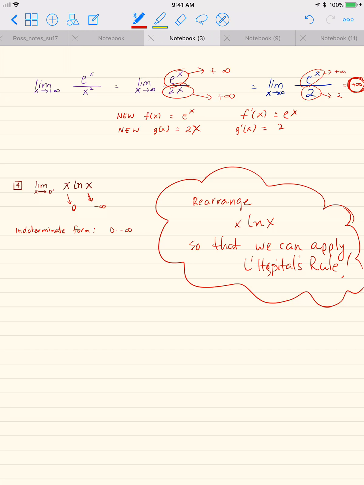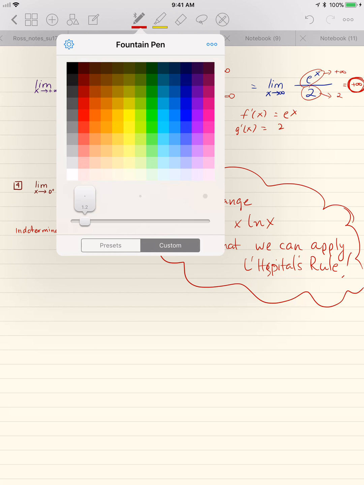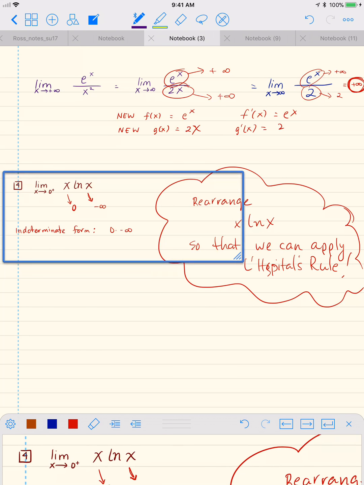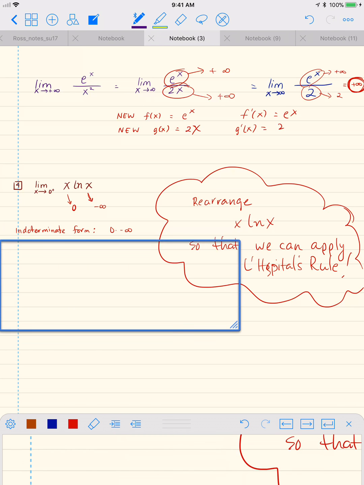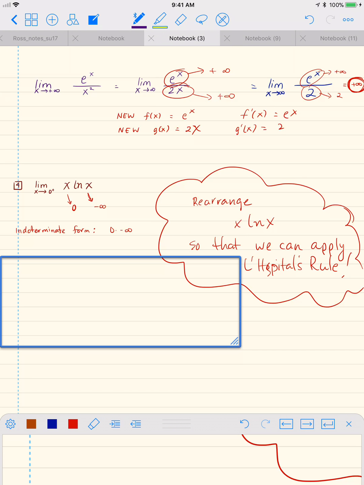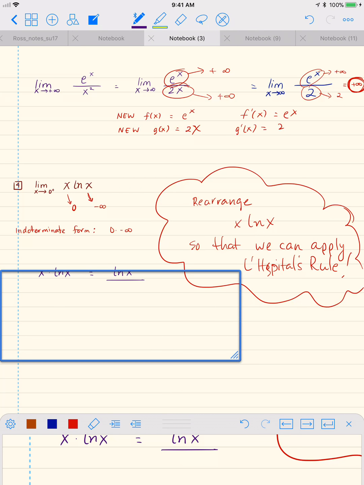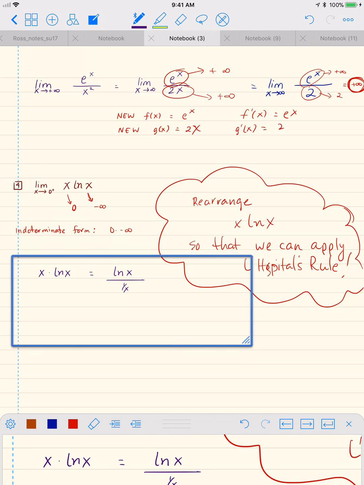So here's the overall idea: we said x is going to 0, right? So if x is going to 0, then 1 over x is going to be going to infinity. So let's take x times ln x and rewrite it as ln x divided by 1 over x.